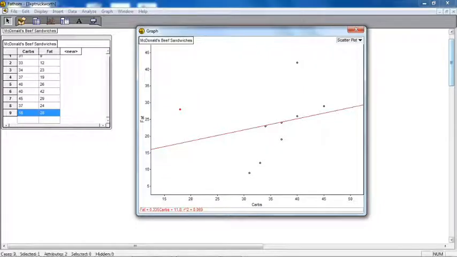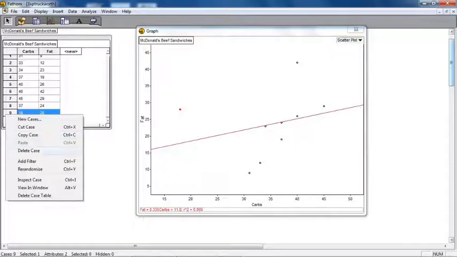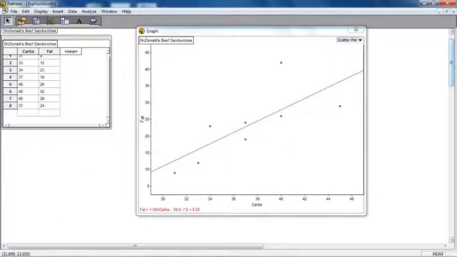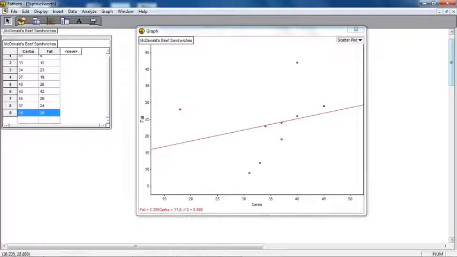If we delete that point, I'm going to delete it right now. Now look at the data. It goes right through these, and that's when it gets a lot stronger. Now R is up to 0.74, whatever it was. So you see just how big of an effect that 1 point had. I'll put it back on there. So there's the 18-gram sandwich, the big and tasty.